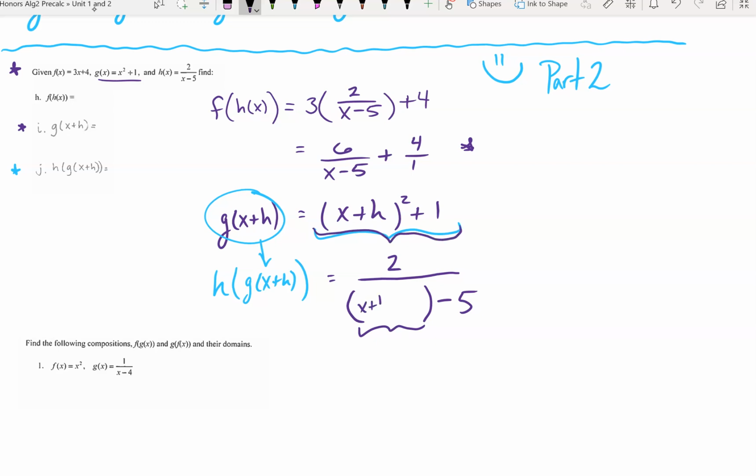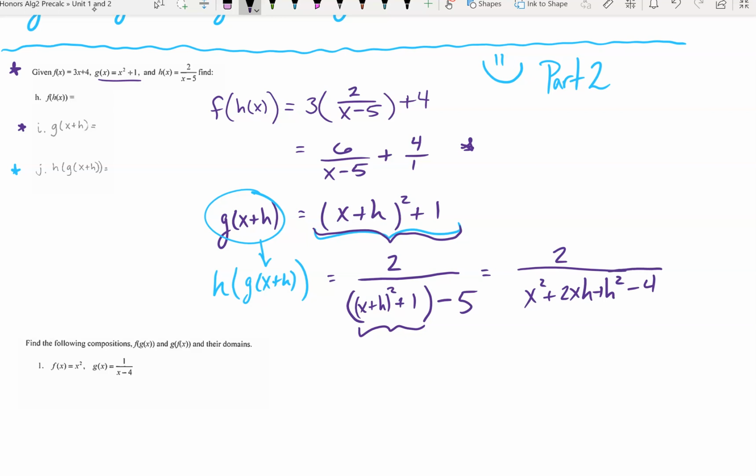So this is going to become x plus h squared plus 1. We can simplify this, squaring that binomial. Don't forget, you're going to have inside and outside terms on that, so it's going to be x squared plus 2xh plus h squared, and then the plus 1 and the minus 5, just like that.